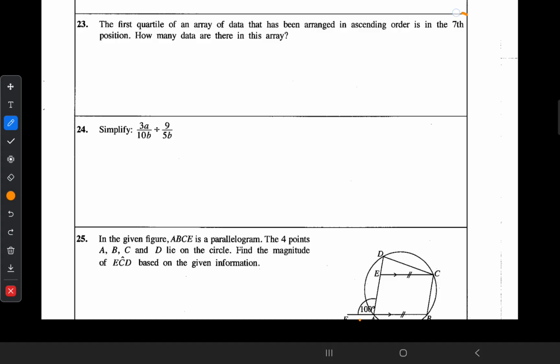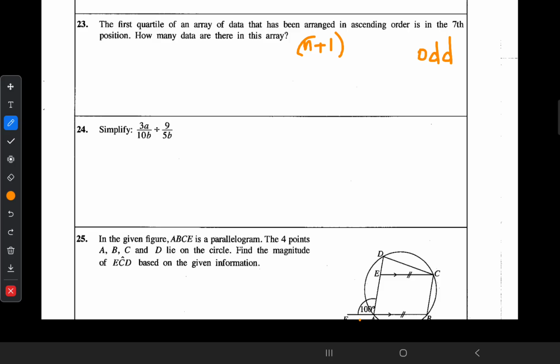If the first quartile, second quartile or third quartile has an odd position value, you have to consider the overall number of data in that array as n plus 1. If the value of the first quartile, median or third quartile gives an odd position, the overall data is taken as n plus 1.